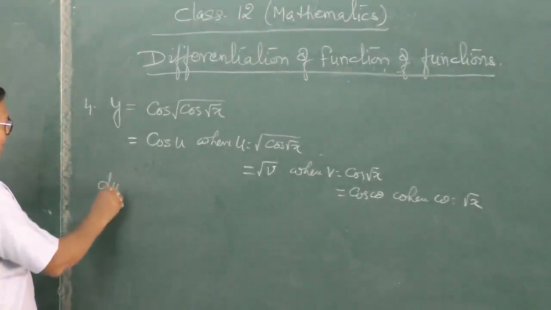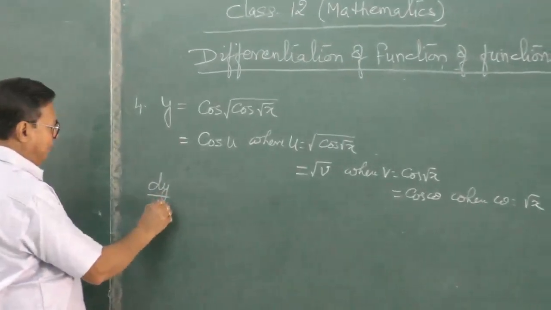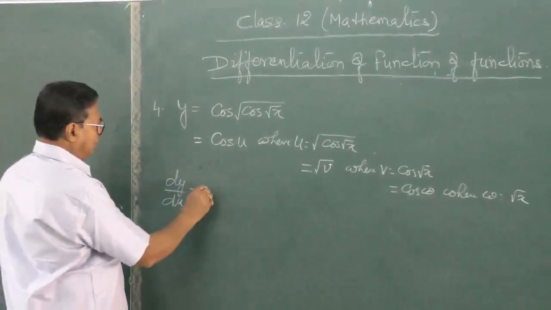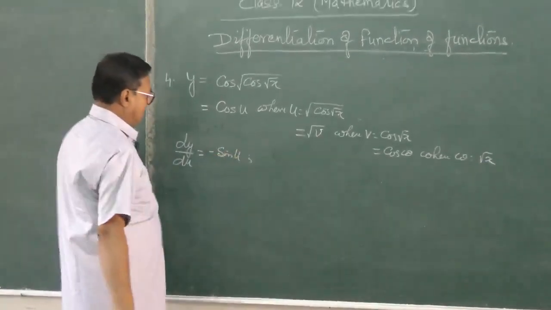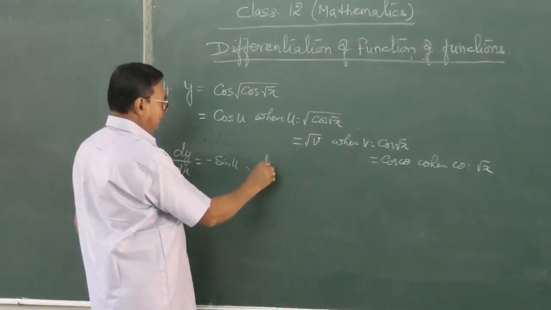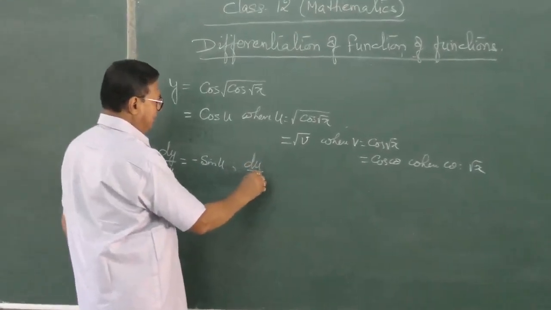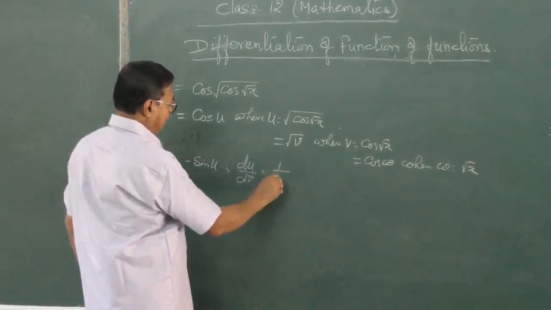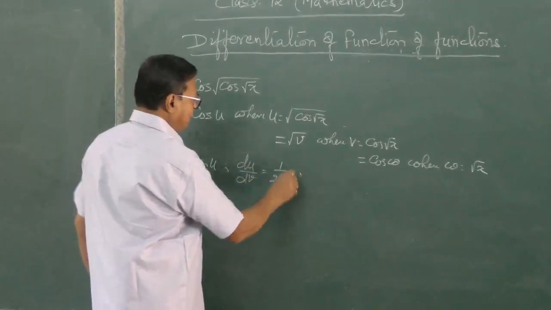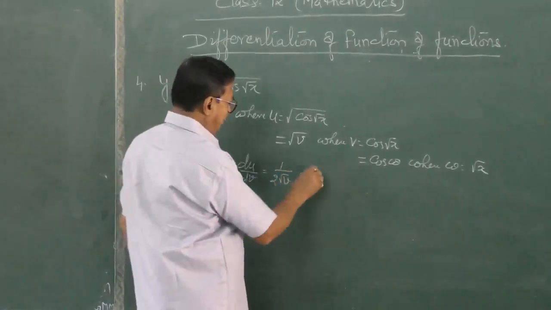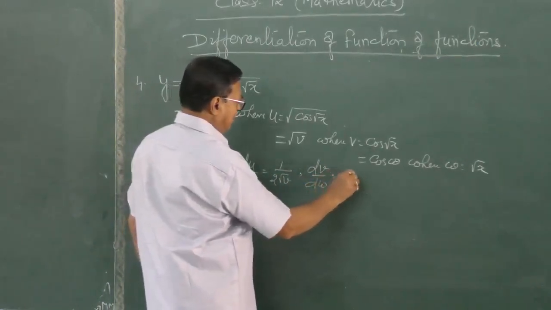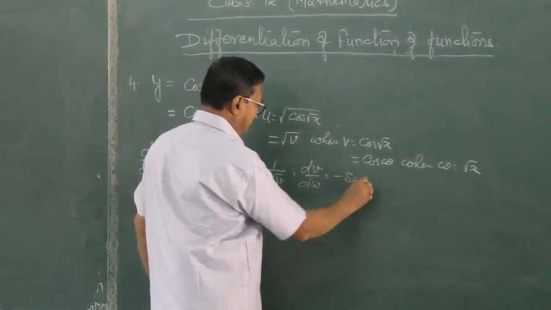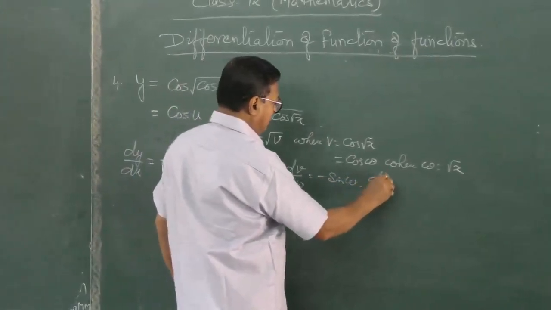So dy by du, y is a function of u, so this is minus sine u. U is a function of v, root over v it is, so 1 by 2 root v. V is a function of w, so we get dv by dw is minus sine w, and w is a function of x.